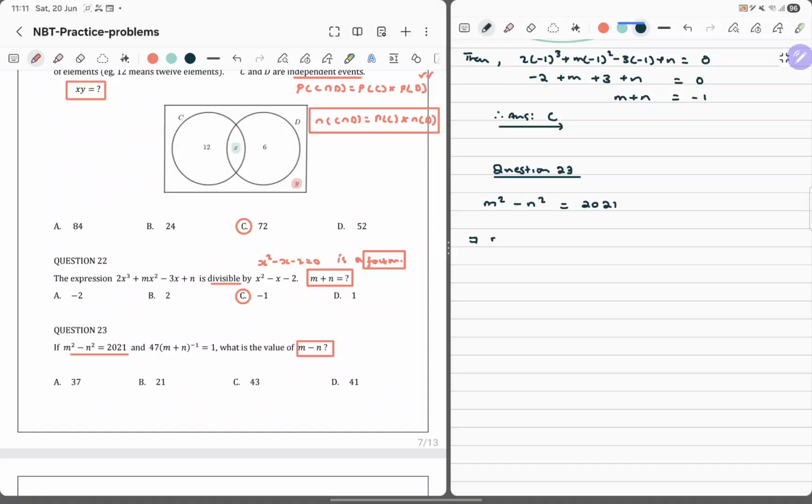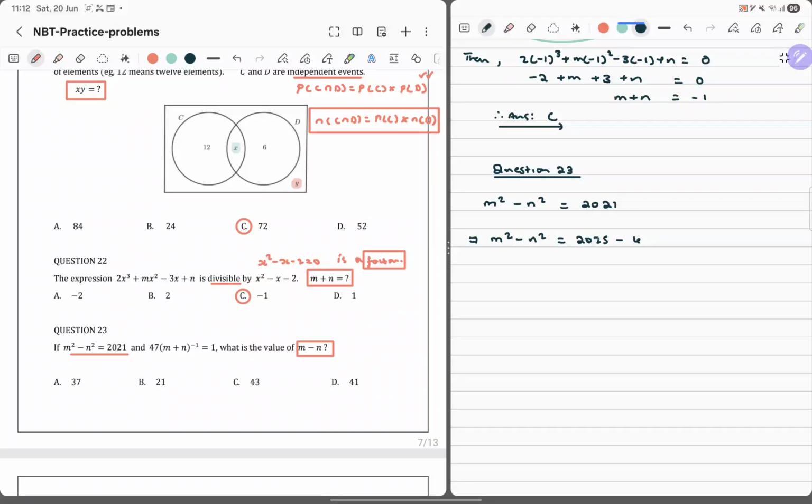This implies that m squared minus n squared is equal to, now 2021 is 2025 minus 4, right? I know 4 is a perfect square, but is 2025 a perfect square? This is somewhat a multiple of 5. Let's find out what's cooking here.